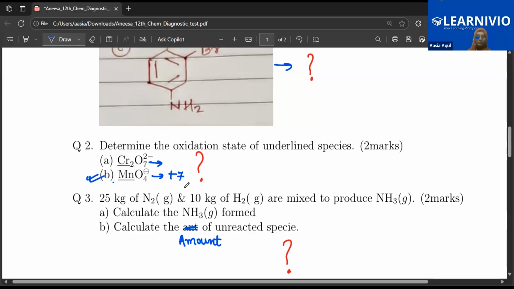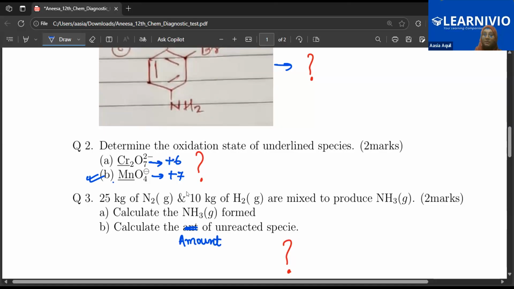Done, Aneesa? Yes, I'm done. Tell me the oxidation state. Plus 6. X is equal to plus 6.